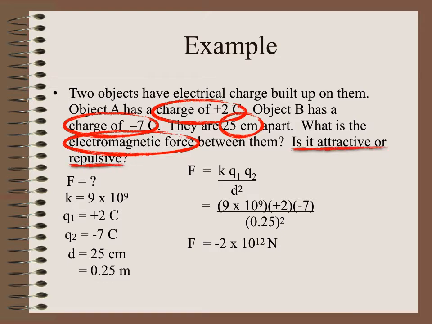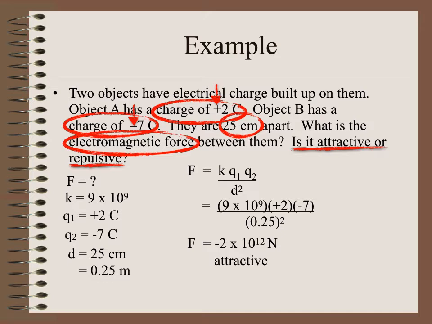This goes along with our third objective. In order to determine this, we could either look at the sign of each charge individually. So charge A is positive, charge B is negative. If one is positive and one is negative, they're opposites, and opposites attract. So the forces would be attractive.